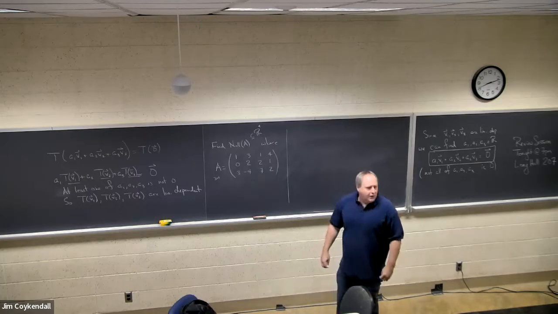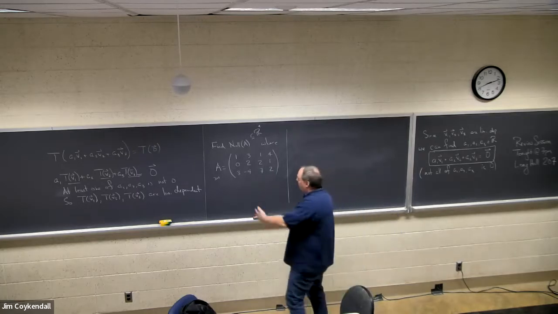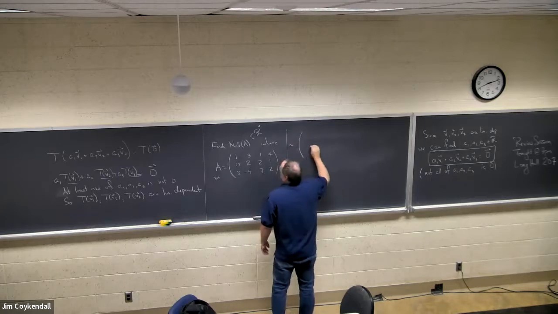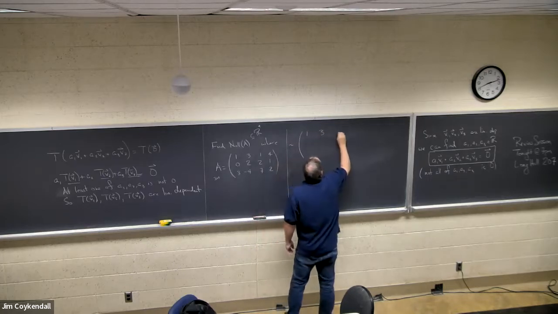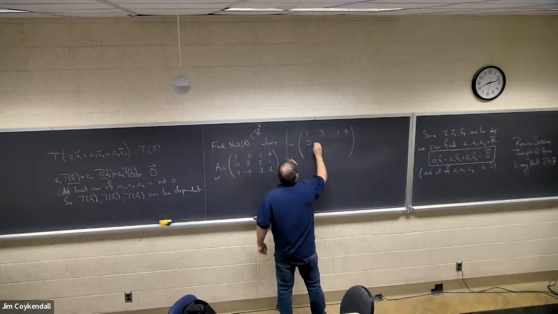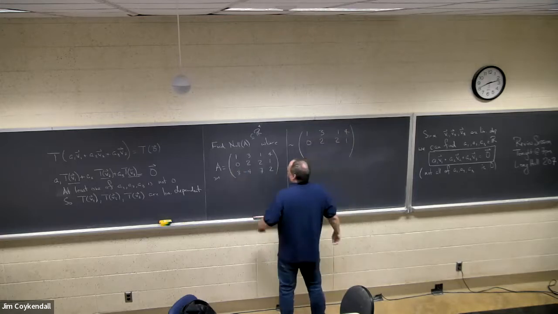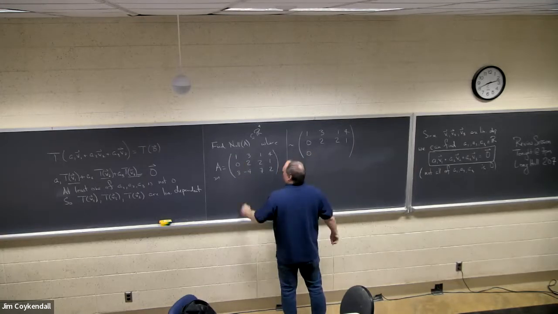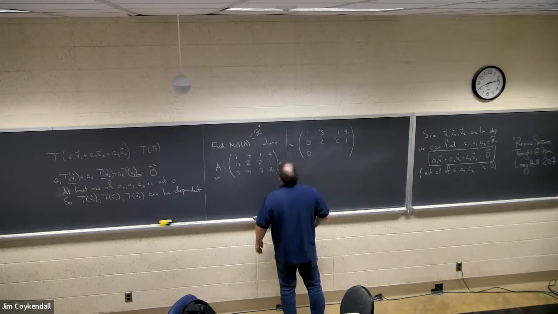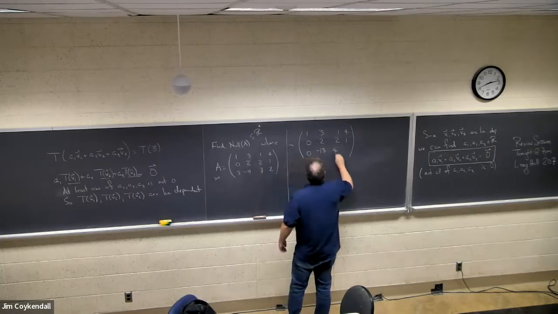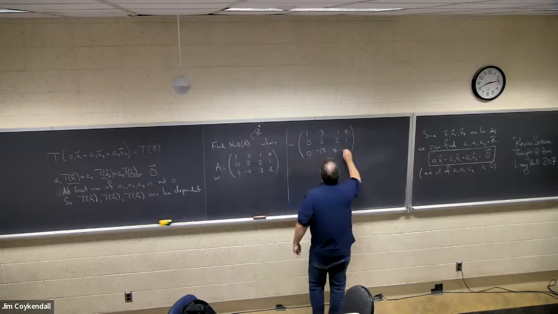Well, this is an old-fashioned reduction kind of problem, right? So that's what I'm going to do. And it's probably going to be ugly, but do it anyway. 1, 3, 1, 4. I'm good here. And I'm going to multiply this by -3 and add. By -3 and add.